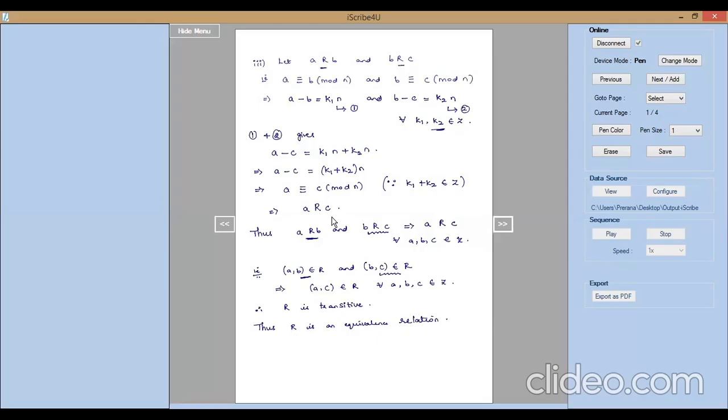So A is congruent to B modulo n, or congruent modulo n, is an equivalence relation. Therefore, congruent modulo n is an equivalence relation.